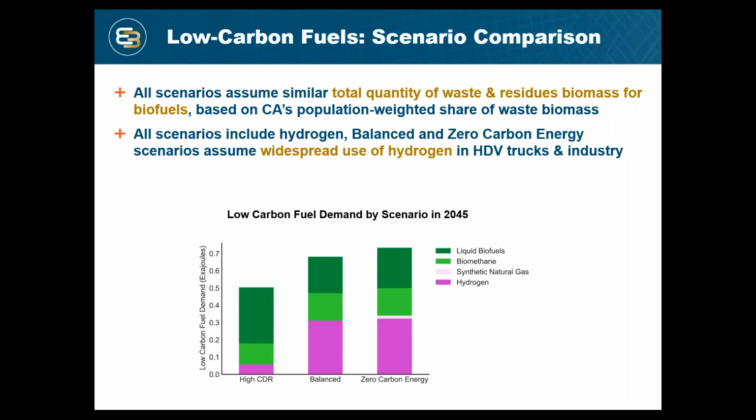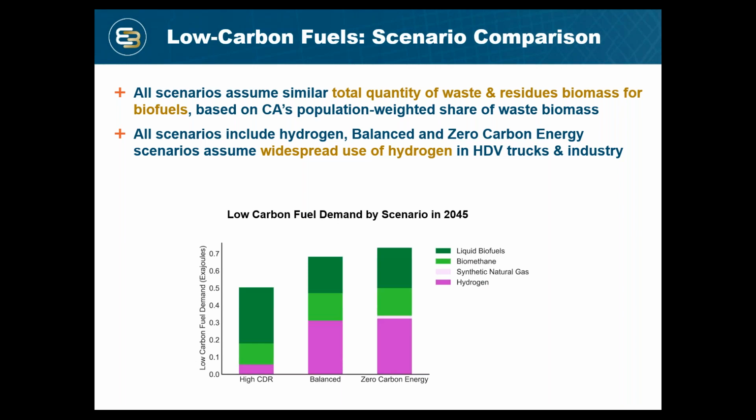And that certainly is one of the lowest cost ways to produce hydrogen if you can get access to that energy.